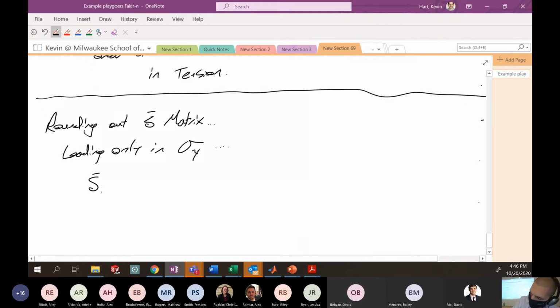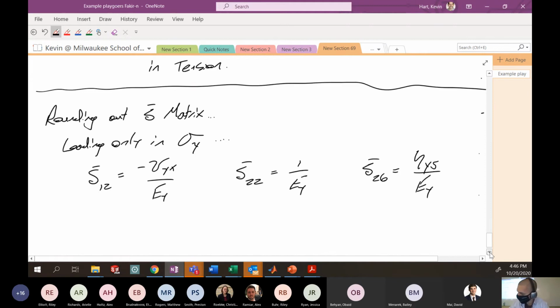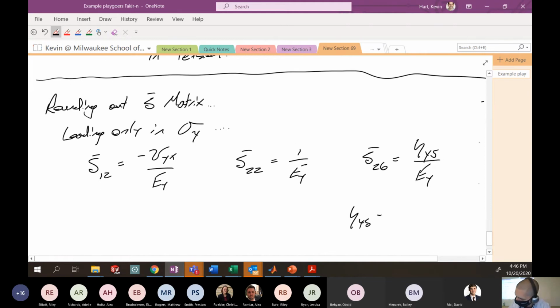You would find that S bar 1, 2 is equal to negative nu yx over EY. S bar 2, 2 is 1 over EY. S bar 2, 6 is now going to contain your shear coupling coefficient again, eta ys over EY, where eta ys is your relationship here, gamma xy over the longitudinal strain in the y direction.